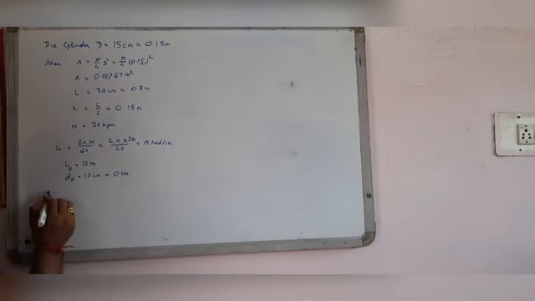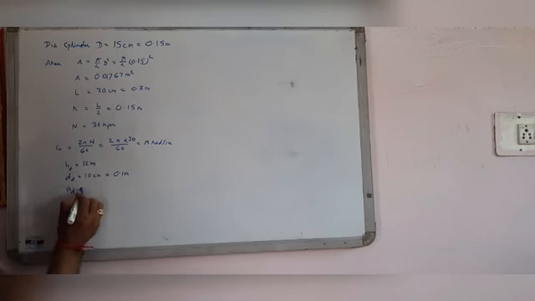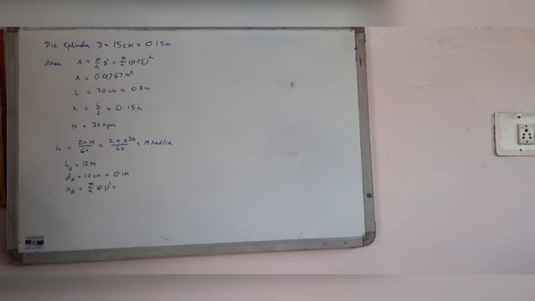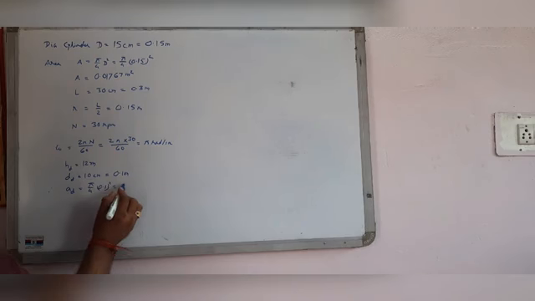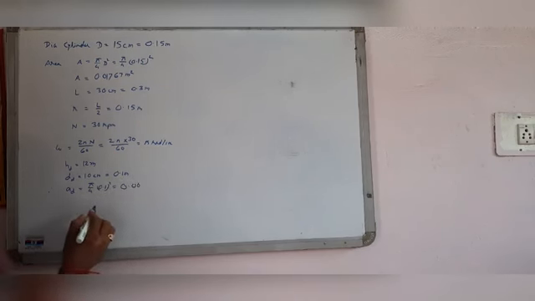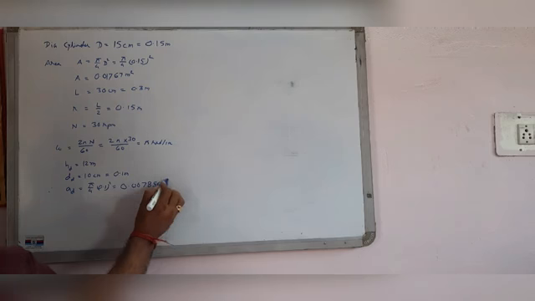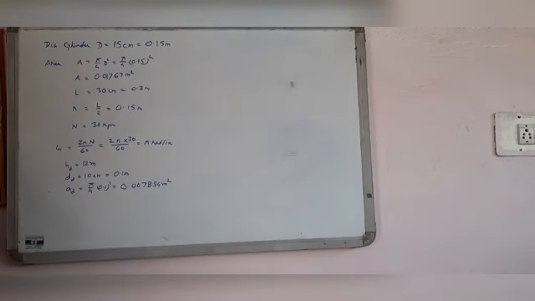So area AD equal to pi by 4 into 0.1 square equal to 0.000754 meter square.